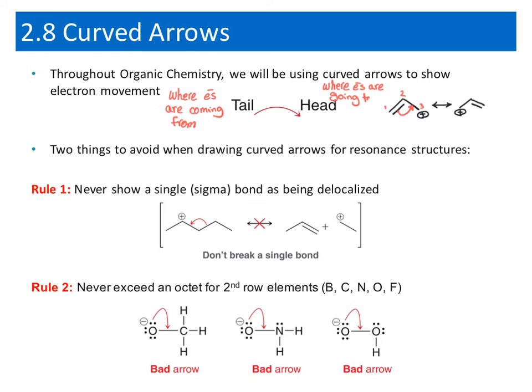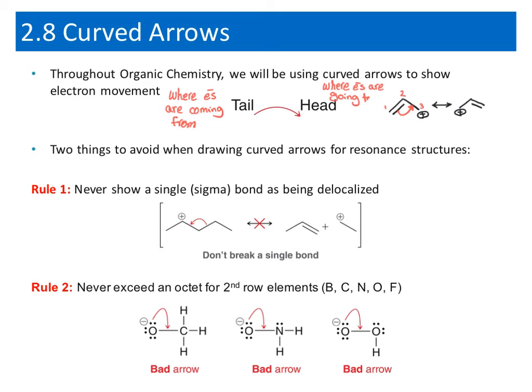If we break a single bond to draw a resonance structure, we are going to change the entire compound and the connections completely. If I break this bond, I completely change the connectivity here. However, resonance is supposed to show delocalization of electrons in a single molecule, not in two different molecules.